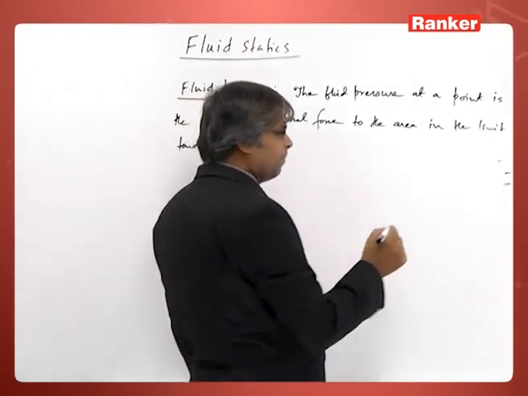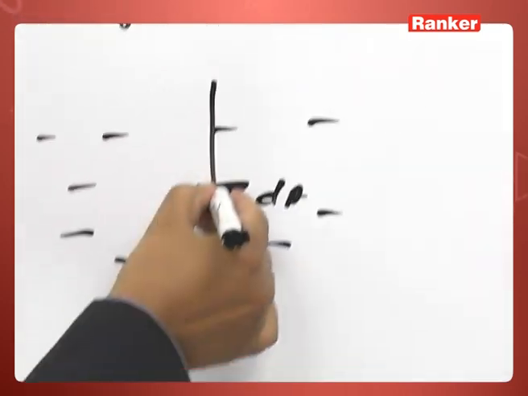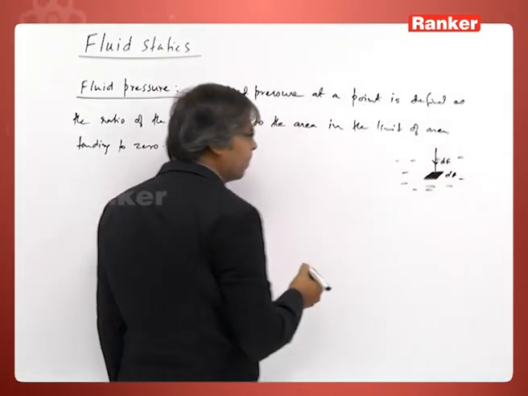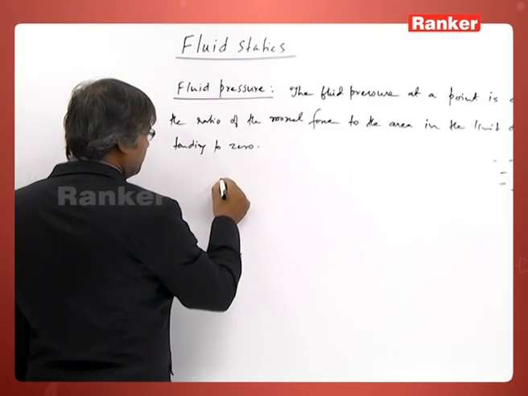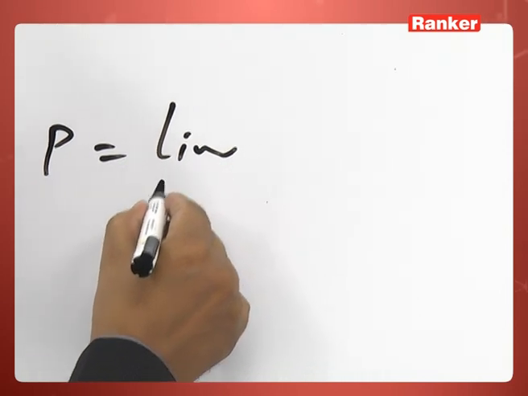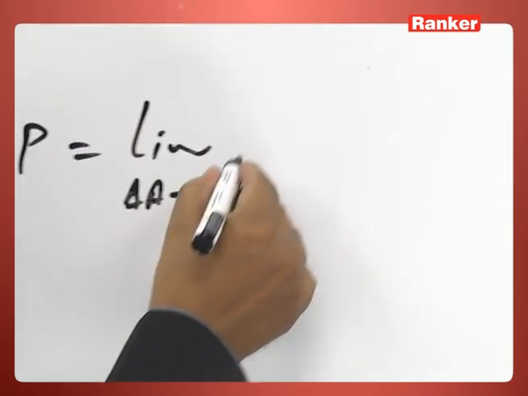You see, there is a normal force acting on this, suppose I say dF. So, we define P as the limit of delta area tends to 0.